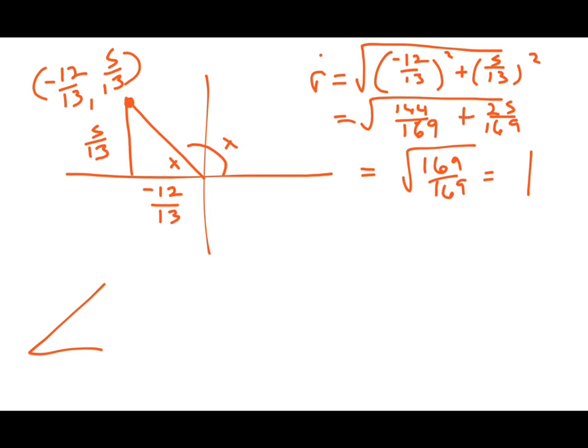Okay, so here's our triangle: negative 12/13, 5/13, and then your r is 1.